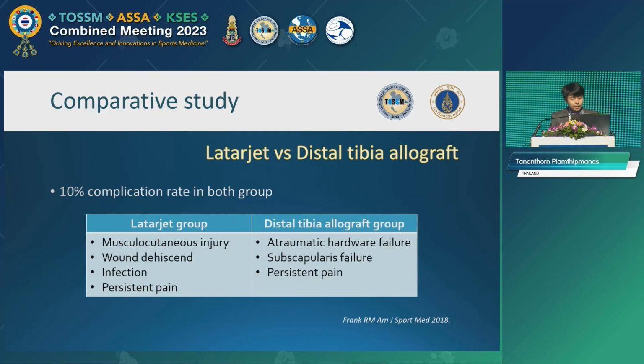In this study, they also reported about 10% complications in both groups. In Latarjet, there was a musculocutaneous nerve injury in one of 50 patients, and the allograft group had atraumatic hardware failure and a subscapularis failure, and some patients had persistent pain.